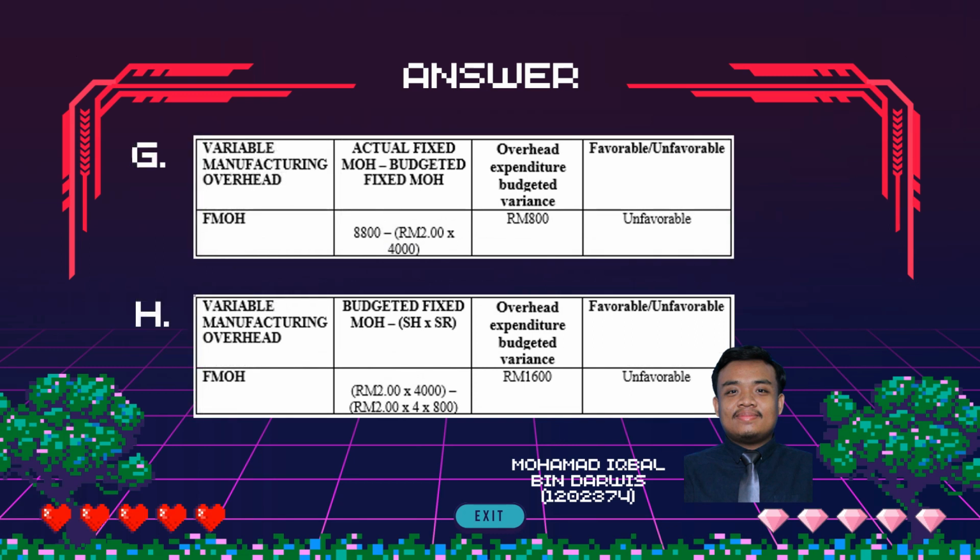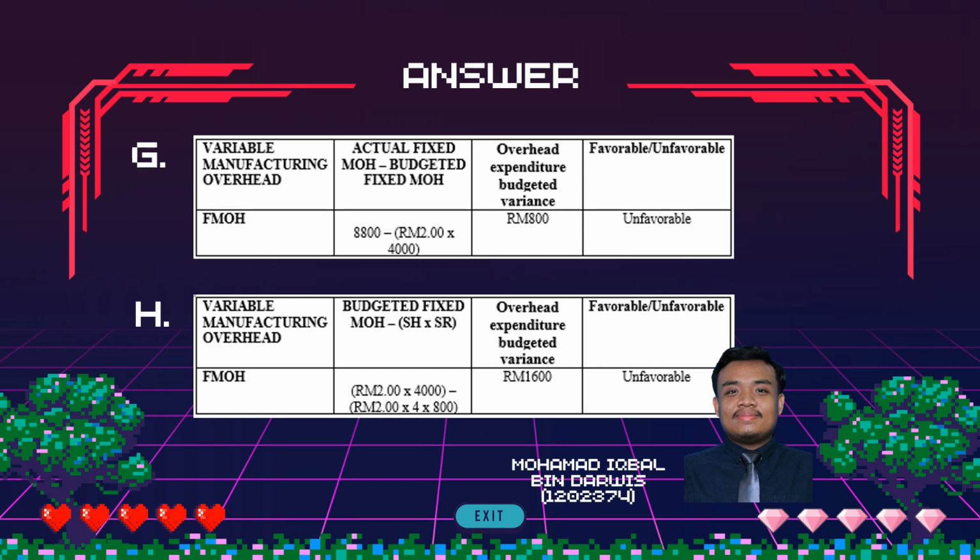Now let's look at the answer of G, fixed manufacturing overhead. Actual fixed manufacturing overhead minus budgeted fixed manufacturing overhead. 8,800 minus 2 ringgit multiplied by 4,000. Overhead budget variance is RM800 and the answer is unfavorable.